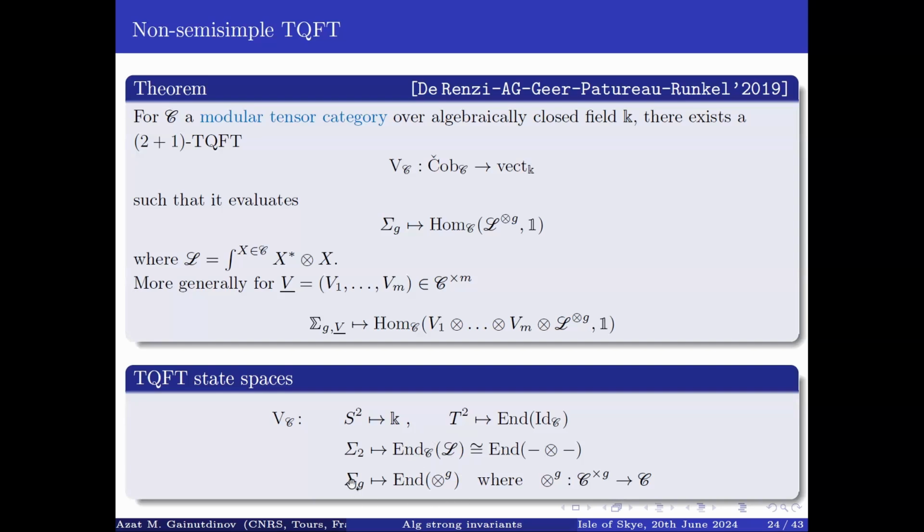And in general, a surface of genus g is related to the endo-transformations of the functor taking g objects and tensoring them all into one. So these are very natural functors. So actually the algebra structure of the endo-transformations of these multiple tensor product functors is my TQFT state space. Okay, so quite natural.